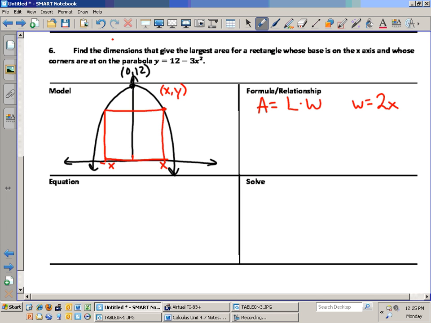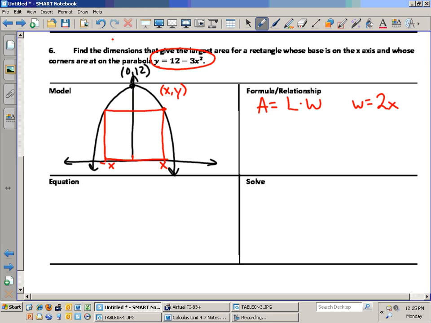Hint, hint. Plug it in. If you look here, you guys, if we plug in x, the function generates my height.